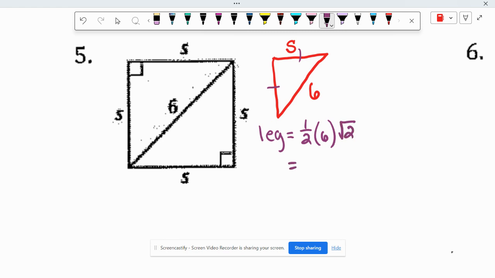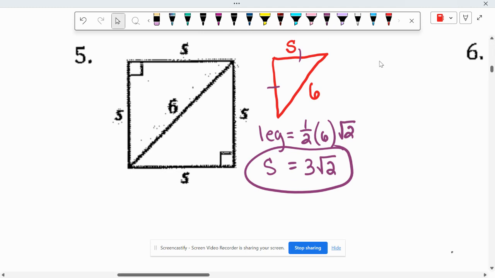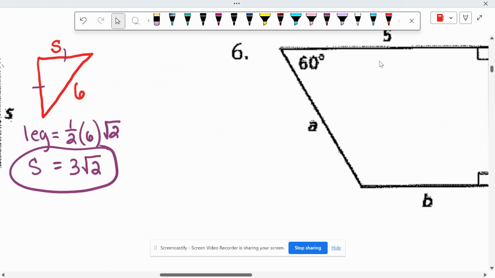Polly, what is half of 6? So the leg is 3 times the square root of 2. Do you see that you're not given 2 points, 2 measures on your triangles to use Pythagorean theorem? That's why you have to know the special right triangle rule. It's going to save you so much work.